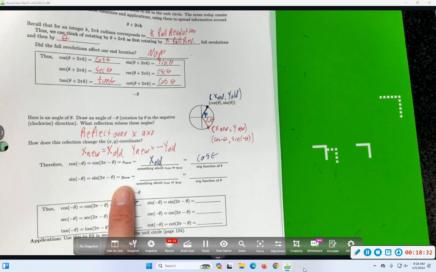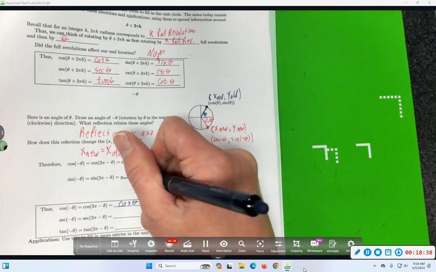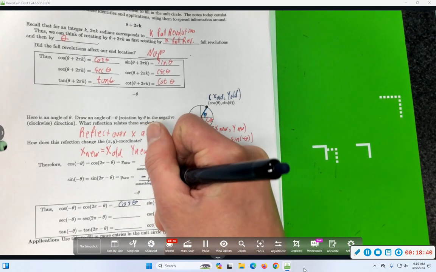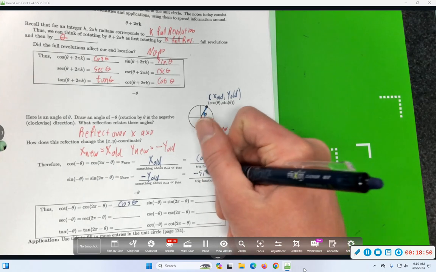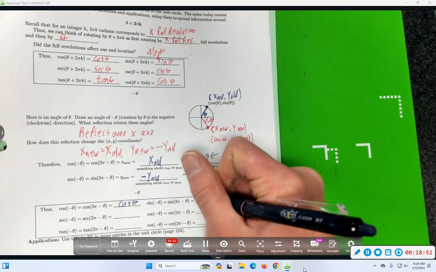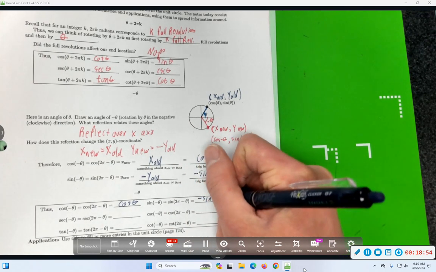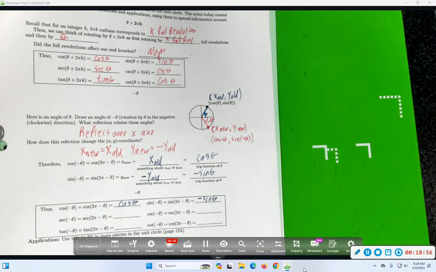But in terms of the old y coordinate, what is the new y coordinate? Negative. Yeah, it's negative the old y coordinate. Which trig function gives the old y coordinate? Sine. So sine of negative theta is negative sine theta, which again is something you already kind of knew.